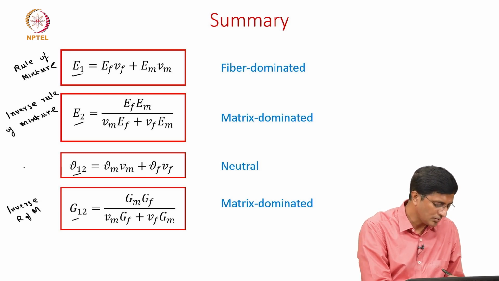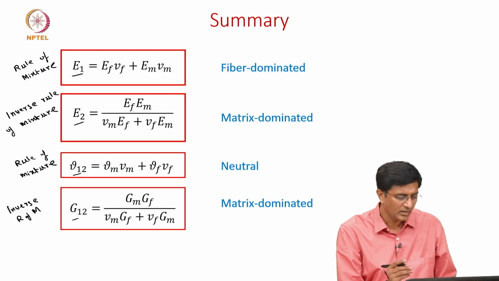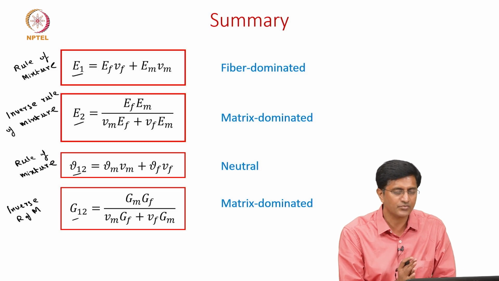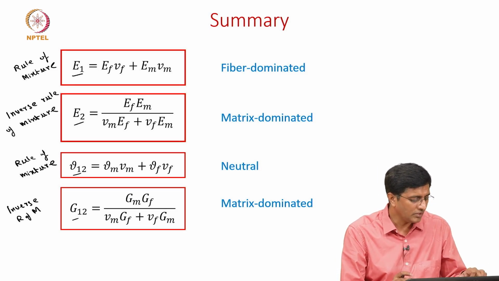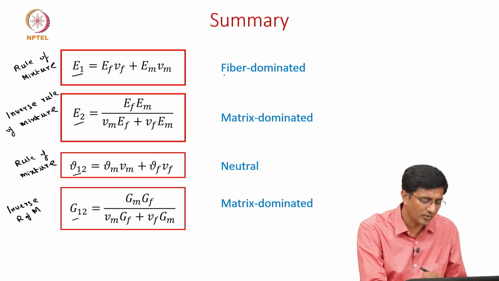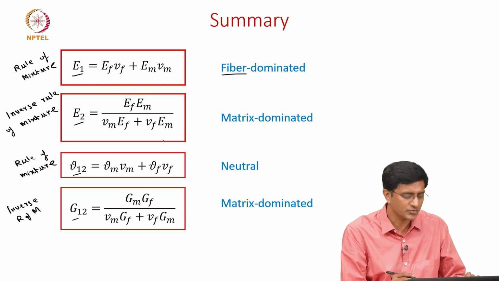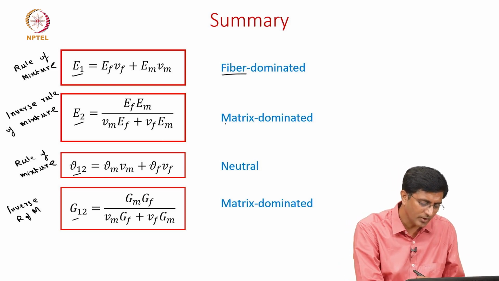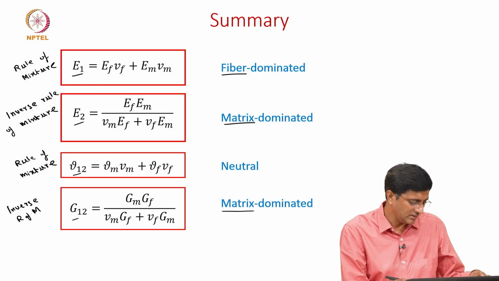And for the Poisson ratio, it followed the rule of mixtures similar to E1. And talking about whether it is fiber dominated or matrix dominated, we said E1 is following the rule of mixtures and it is fiber dominated. Whereas E2 and G12, which are the transverse modulus and the shear modulus, both of them are matrix dominated.